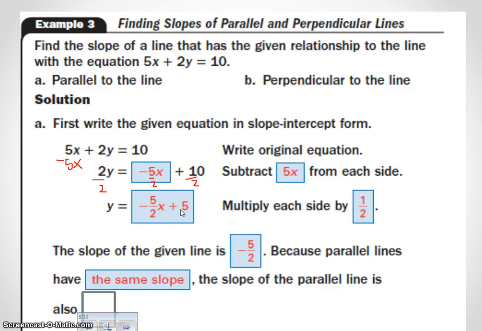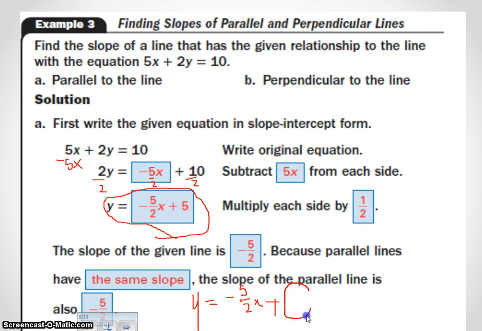It's not this line that we just found. It's another line that's parallel to it, which would also have the same slope. It would probably be written as y equals negative 5/2 x plus, and this y-intercept would be something different. Same slope, but the y-intercept would be different.